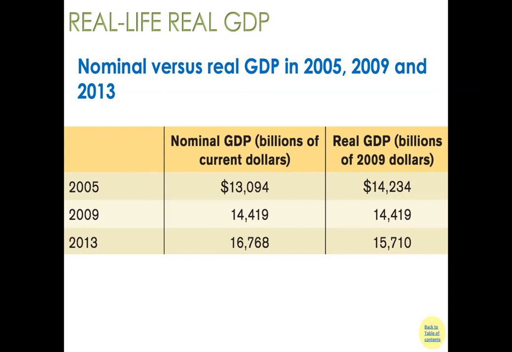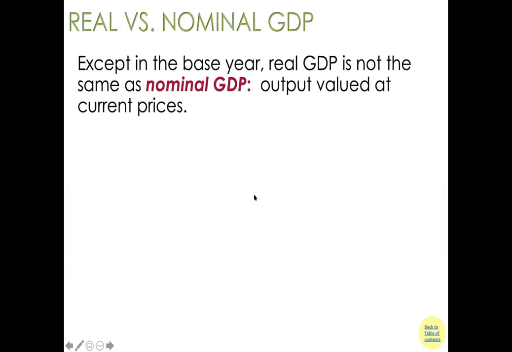The answer is 2009. Why? Because from this table, we find that 2009 nominal GDP equals real GDP. That just means you use the same price for nominal and real, so 2009 is the base year.